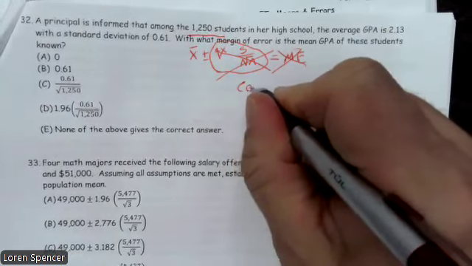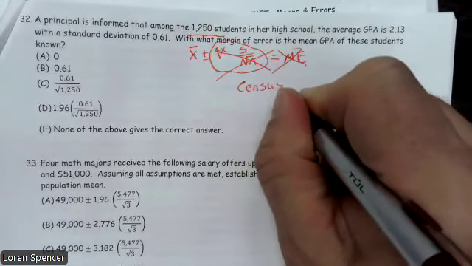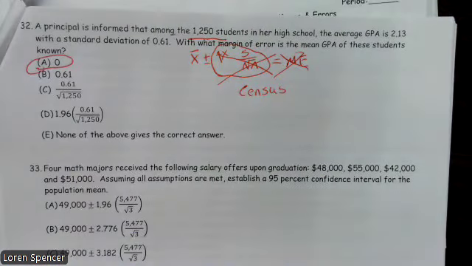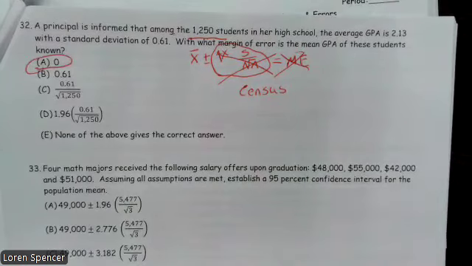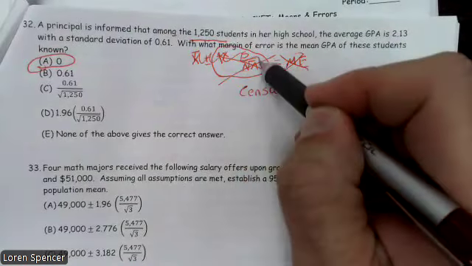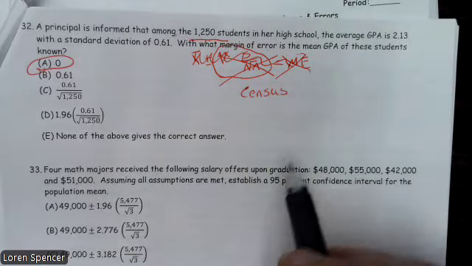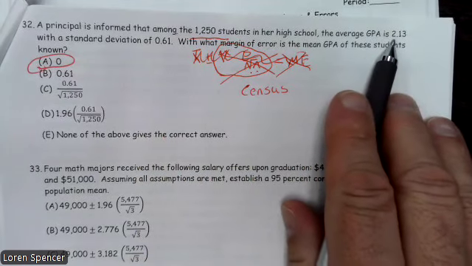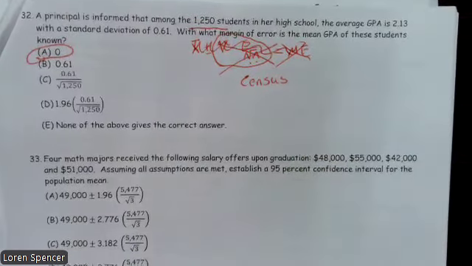So because we surveyed everybody and completed the census, our answer choice is 0. There is no error because we completed a census. Remember, when we use a census, we actually know the true population mean. So we're good there.